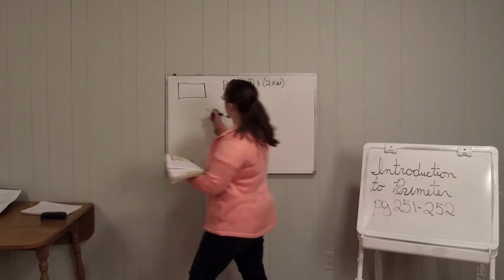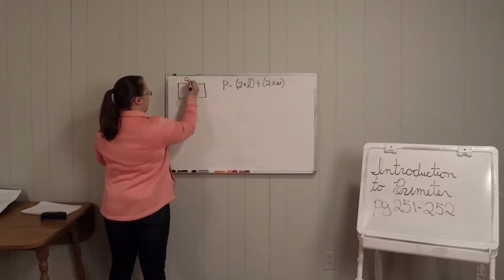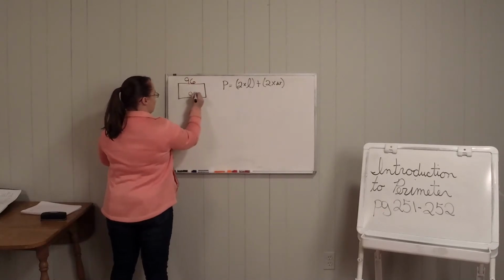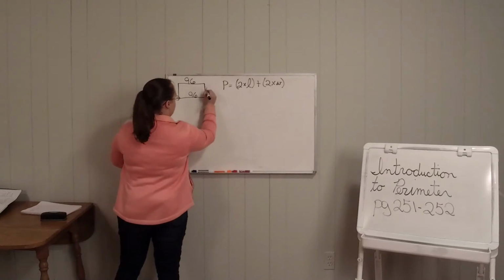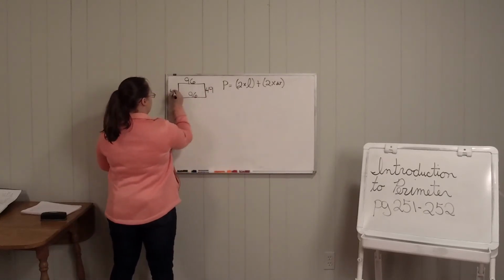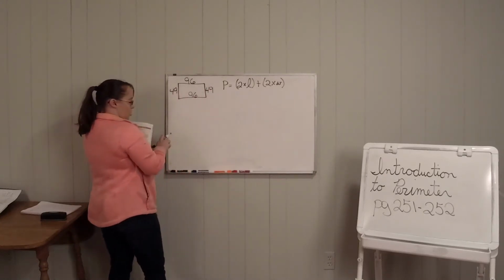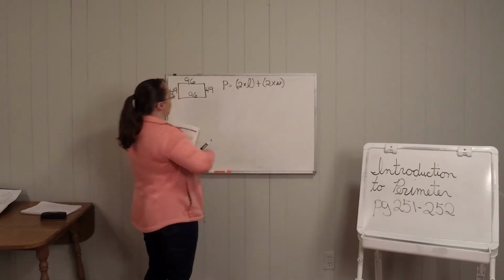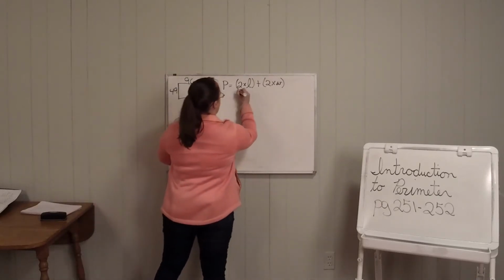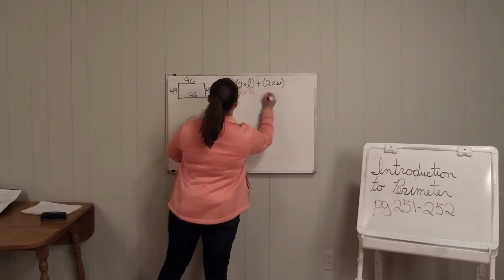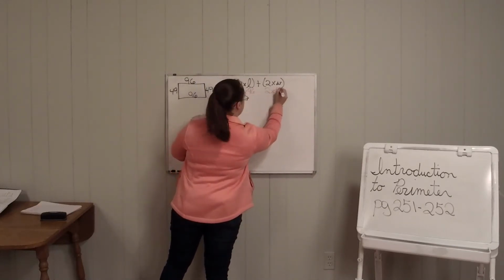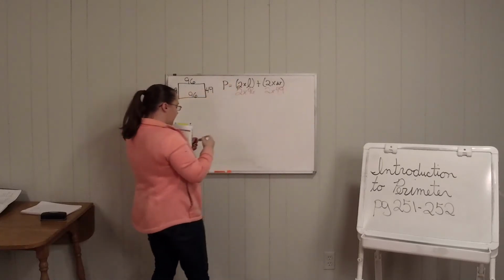So this is 96. That is 96. This is 49. This is 49. So when you would plug it into your equation, you would say 2 times 96, 2 times 49. Okay?